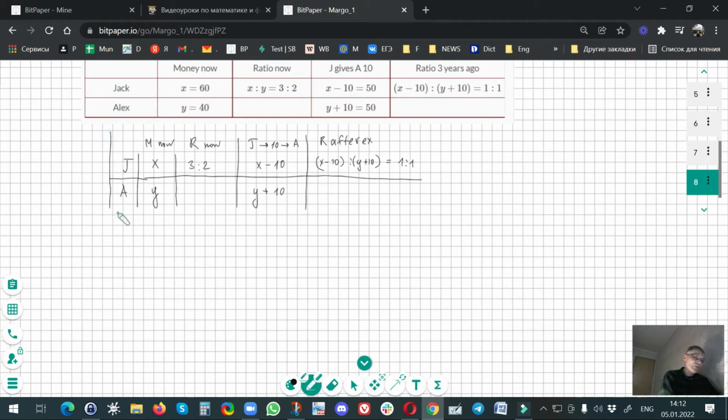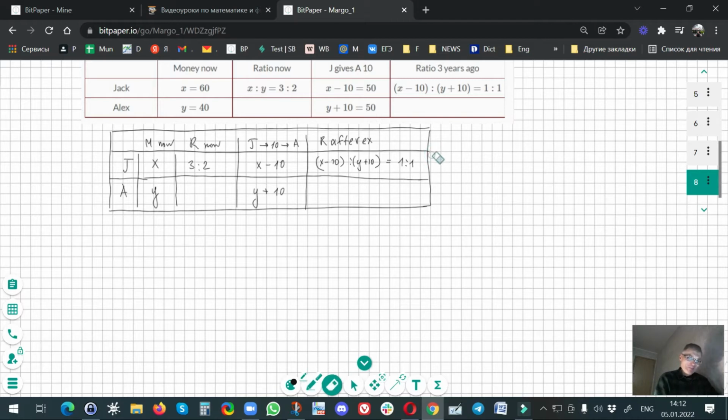I can make it look prettier, but it doesn't contribute to the quality of my solution. I'm not sure it contributes to the quality of my video either. Alright, so yeah, the columns should be clear.